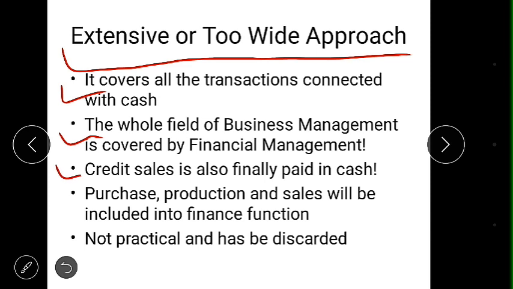Credit sales is also finally paid in cash. आप पहले तो क्रेडिट देते हो, but उसके बाद finally you receive cash for your credit transactions. तो ऐसे देखा जाए तो सारे के सारे transactions आप कैश में ही करते हो. Purchase, production and sales will be included into finance function, not practical and has to be discarded. It's a two-wide approach, not practical and it has to be discarded.